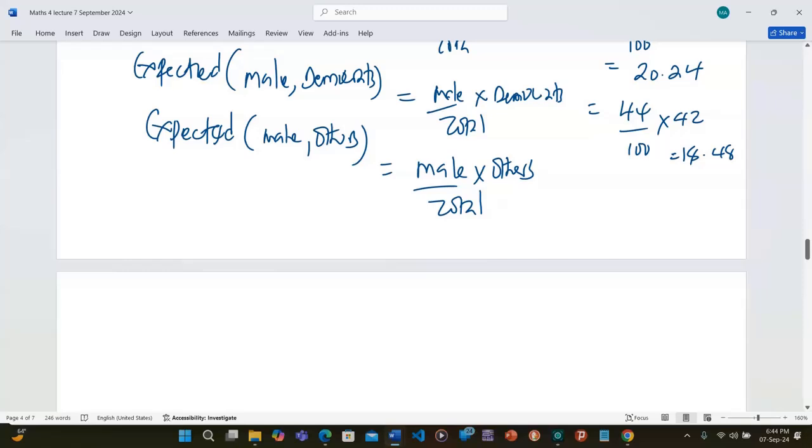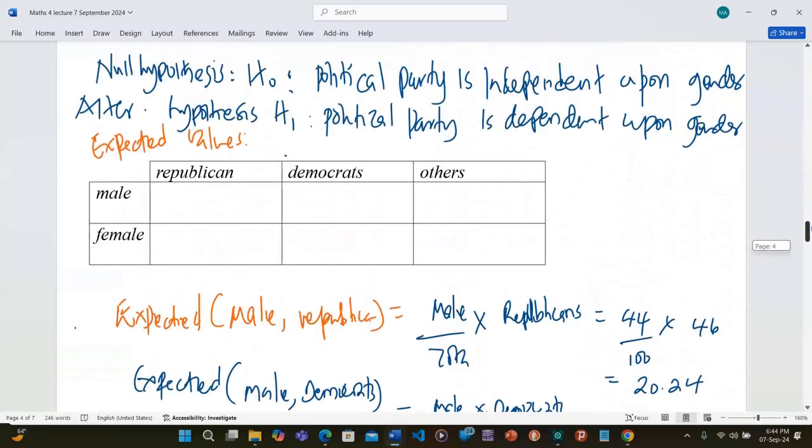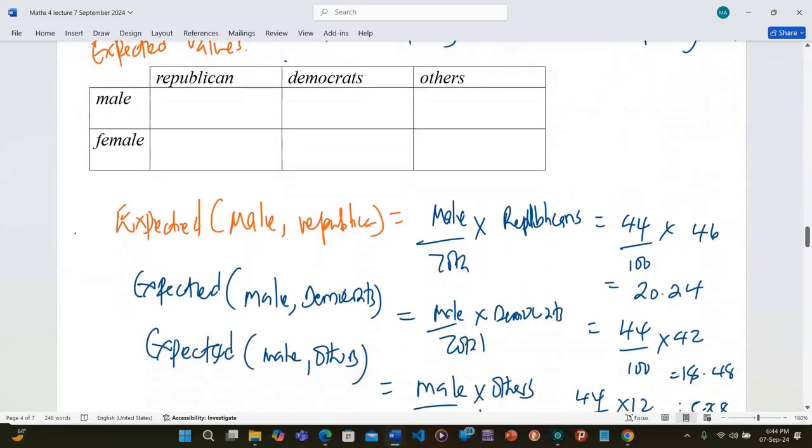So we are going to have 44 divided by 100 times 12, and that should give you about 5.28. So you come and fill in this table. Here you have 20.24, you have 18.48, you have 5.28.